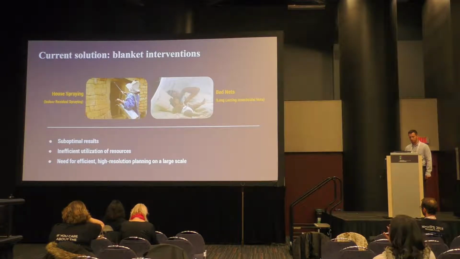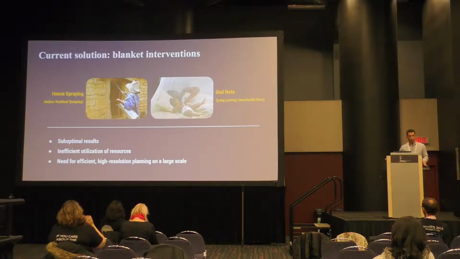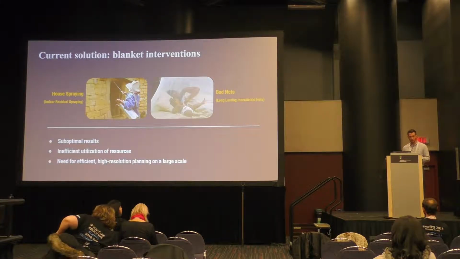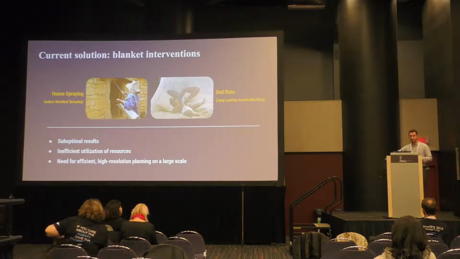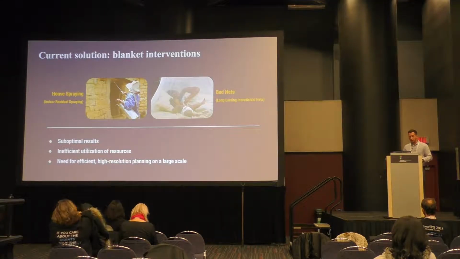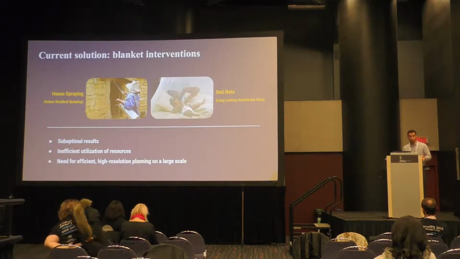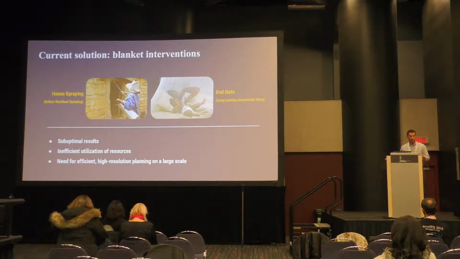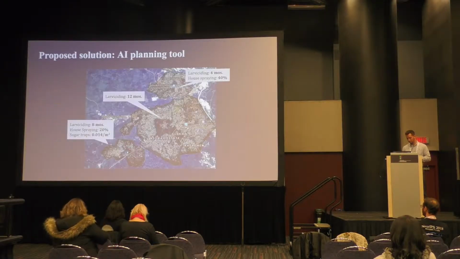So far the solution has been blanket interventions, which means taking one or 2 of the methods that are most commonly used, and implementing them over large areas, which leads to an inefficient use of resources and using interventions that are ineffective in certain areas anyway, because of the lack of planning.